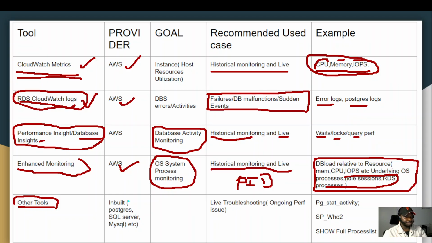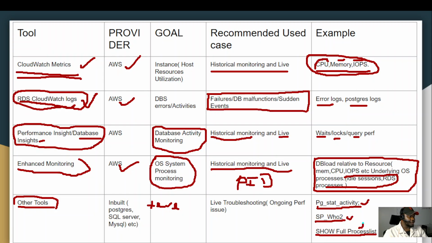In SQL Server you can use extended events. In Postgres you can use queries like pg_stat_activity. In SQL Server, you can use sp_who2. In MySQL, you can use SHOW PROCESSLIST to capture database activities.